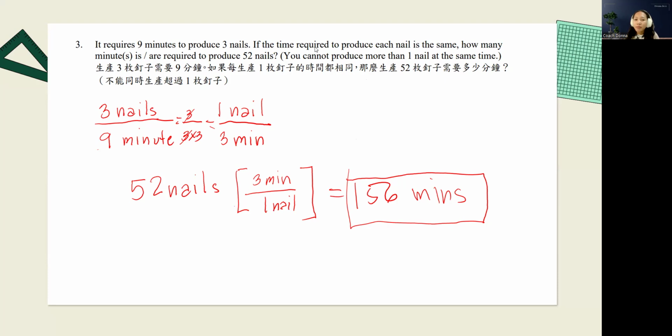Question? Do we have to add minutes, like 156 minutes, or can we just say 156? All right, so you can just say 156 directly because it's already stated in the problem that you're being asked for the number of minutes.